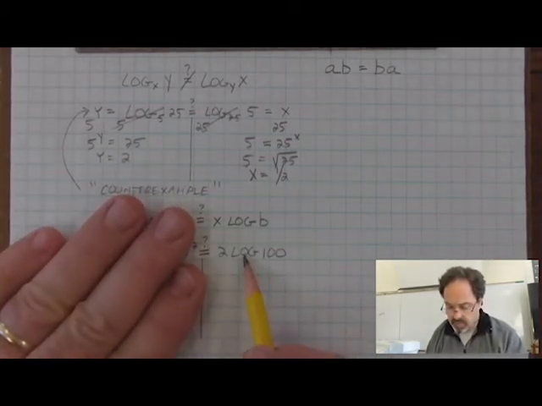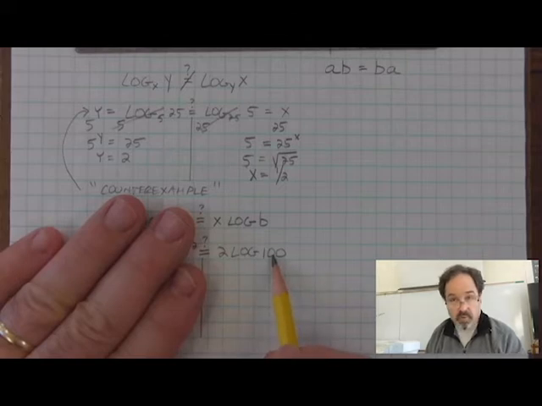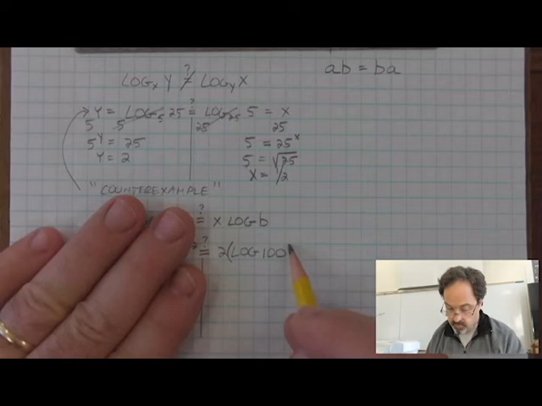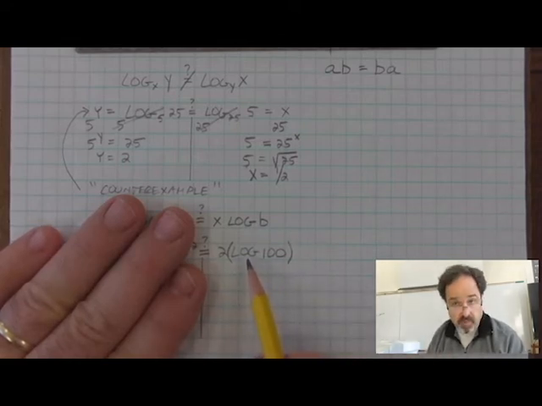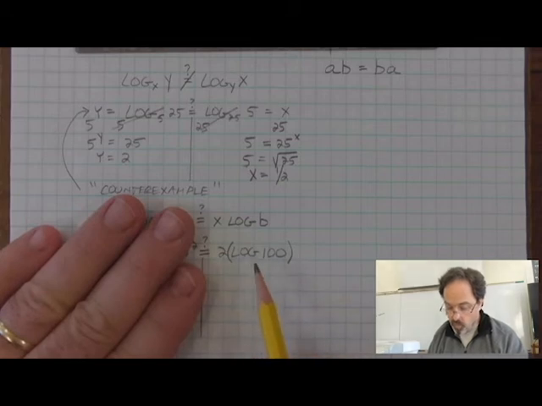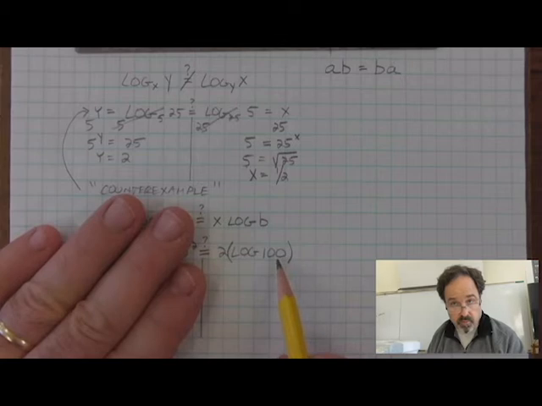Let's take a look at the other side. 2 times log base 10 of 100. If I think of this log of 100, then I could evaluate this with a calculator, or I could think, what power of 10 is equal to 100? 10 to the what is equal to 100? 2.